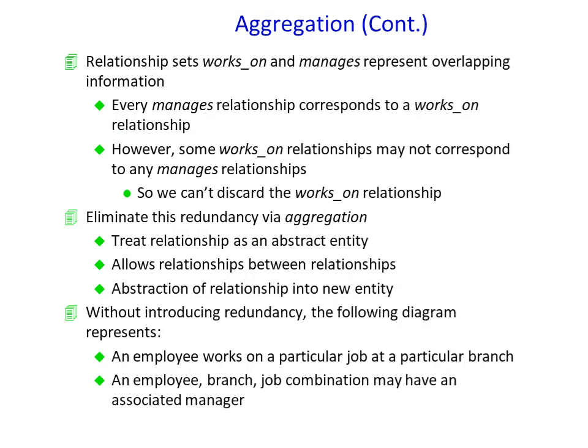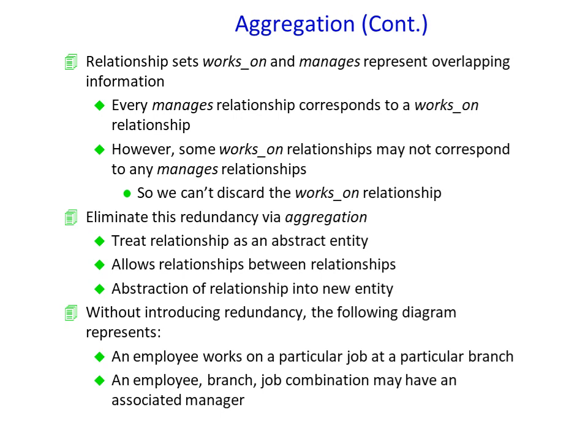Relationship sets works on and manages represent overlapping information. Each manages relationship corresponds to a works on relationship. However, some works on relationships may not correspond to any manages relationships. So we can't discard the works on relationship. Eliminate this redundancy via aggregation.